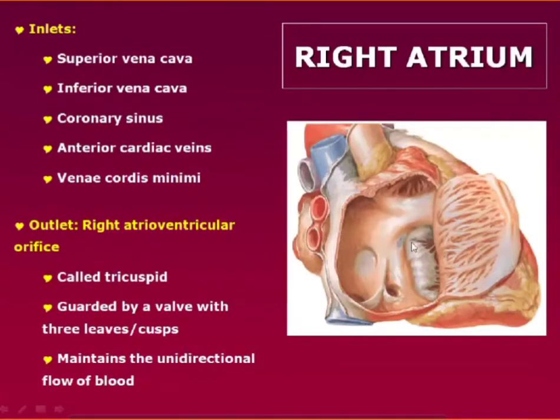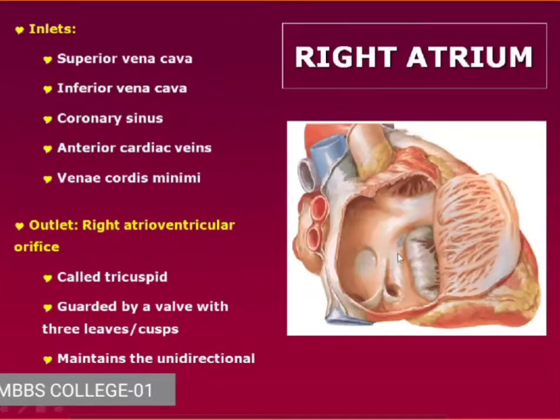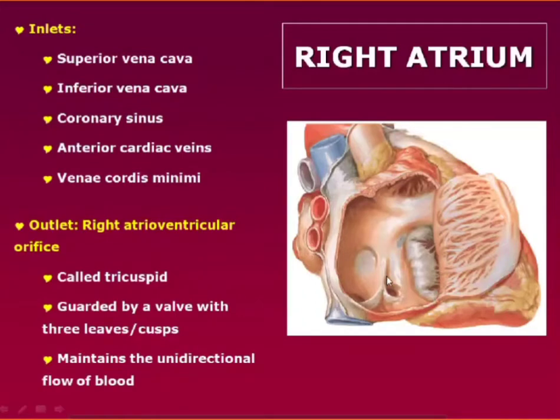This Koch's triangle is a triangle which is formed by the margin of the atrioventricular valve, and also there is an endocardial ridge which is extending from the atrioventricular valve to the inferior vena cava, and also the margin of the coronary sinus.